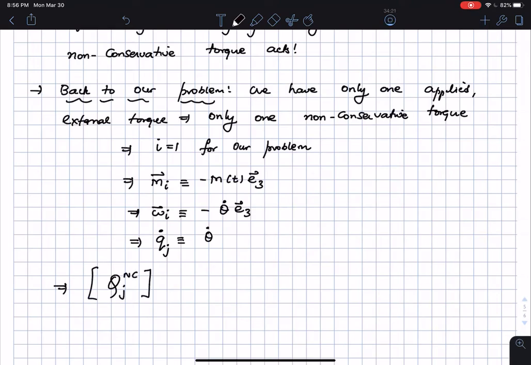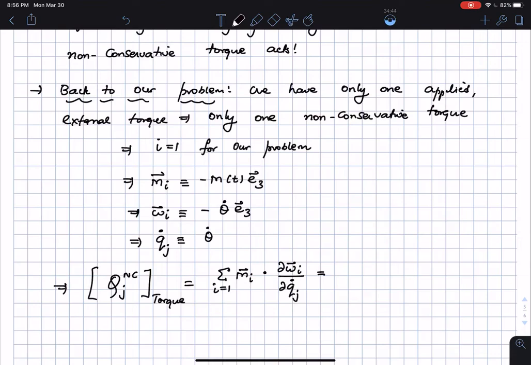Which implies that qj non-conservative torque is going to be the summation, I equal to 1 to as many applied torques, of M I dotted with d omega I by d qj dot.